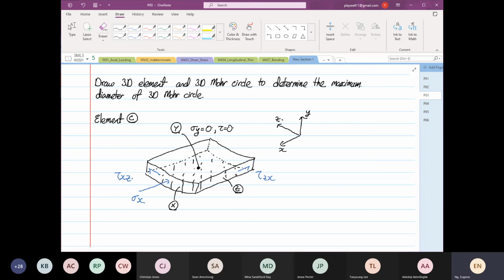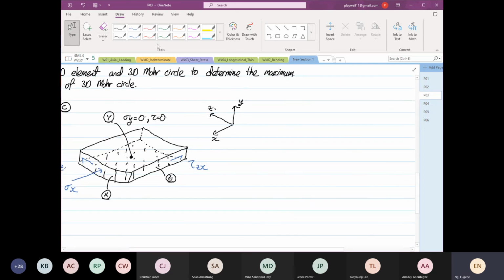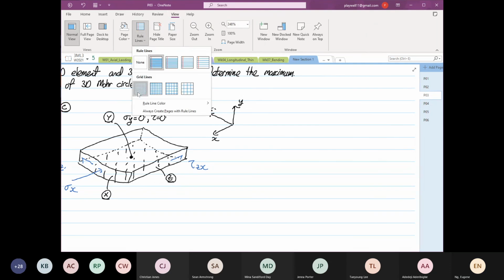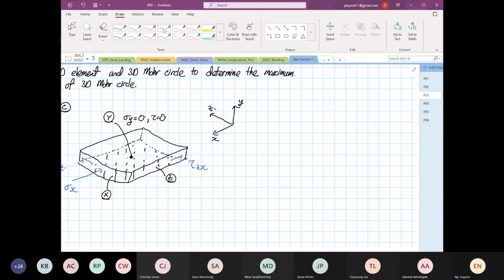Okay, so now we are going to sketch our element. This is just a sketch, okay, to determine where the maximum diameter is. So we draw this.